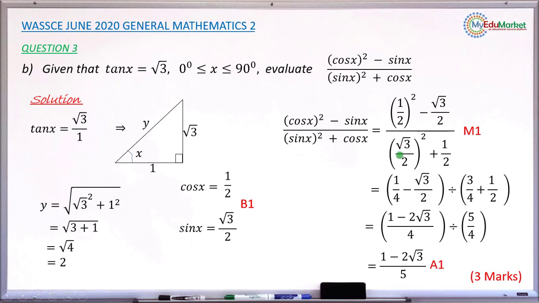Next mark is for substituting cos x and sin x in the expression (cos²x − sin x) all over (sin²x + cos x). Substituting correctly, you have this method mark. And when you simplify to the end to get the final value as 1 minus 2 root 3 all over 5, if that is done correctly, you have this accuracy 1 mark. So in total, if everything is correct, you have 3 good marks.